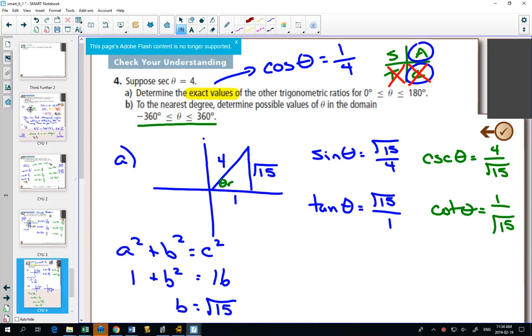With negative and positive angles, I like to break it up and think this means 0 to 360 degrees in the positive direction and 0 to negative 360 degrees in the negative direction. Does that make sense that both of those would be included?